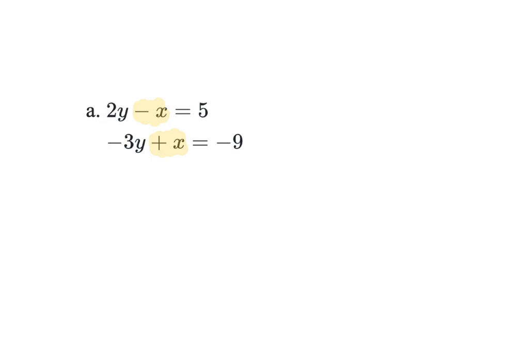So I'm just gonna, oops, that's a highlighter. I'm gonna put the plus sign in. I'm gonna draw my addition line. Then I'm gonna start adding. 2 plus -3 gives us -1y. And if you just wrote -y, that's great. The negative x and the positive x will cancel each other out.